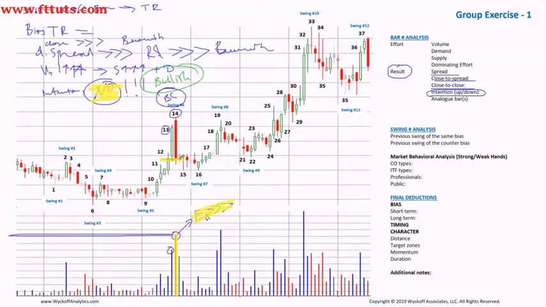Obviously, we need to see if there's going to be a continuation, but we don't see any strong continuation in the bars that come between 15 and 17. All of the bars are just attempts to go lower. All of the bars are attempts to commit to the downside. So again, in two bars, bar number 13 and bar number 14, we are coming to the same scenario where visually we're seeing one thing, and then analytically, as we think about it, we interpret it in a completely different way.